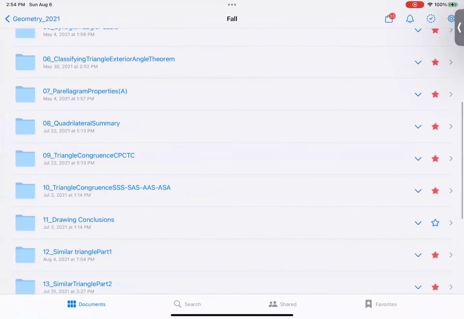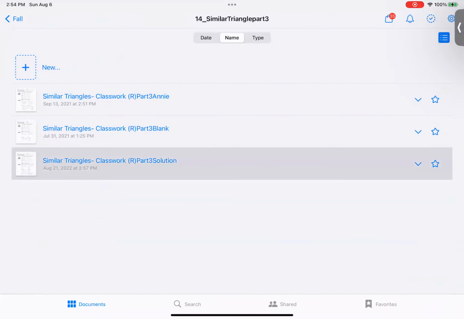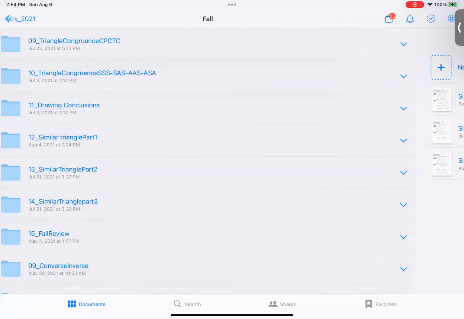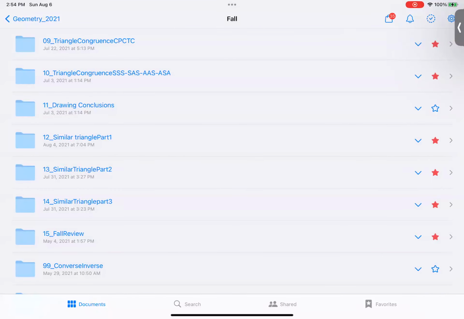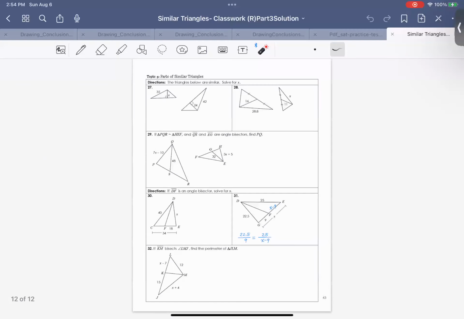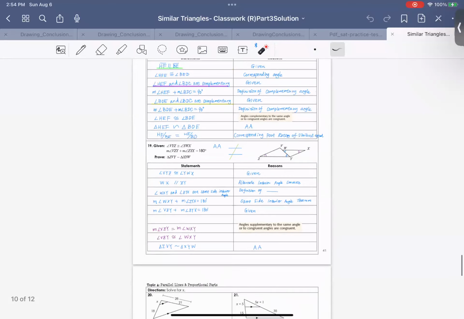So in the future, we are going to do those triangle similarities. Right after today's class, which is drawing conclusions, we will list all those necessary theorems you need to keep in mind. And next class, we will immediately do the triangle similarity proof.